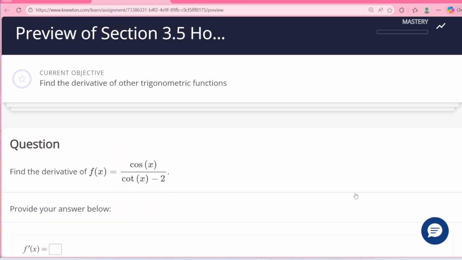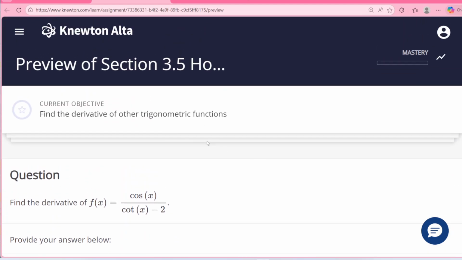All right, so before I actually get into any of the questions, I'm going to simply go over, first part of the video here, the derivatives, which will give us slopes of tangent lines to the curves of the trigonometric functions. The 6 trigonometric functions.